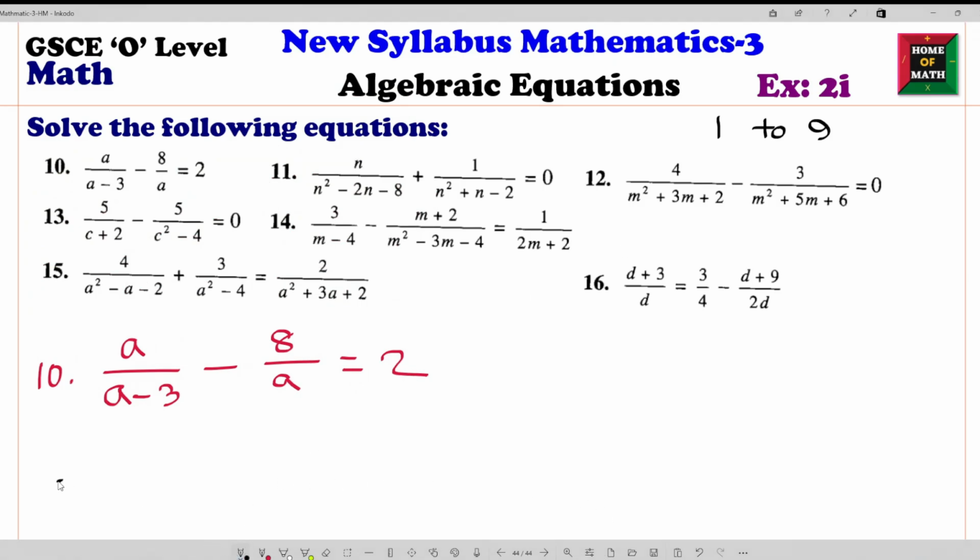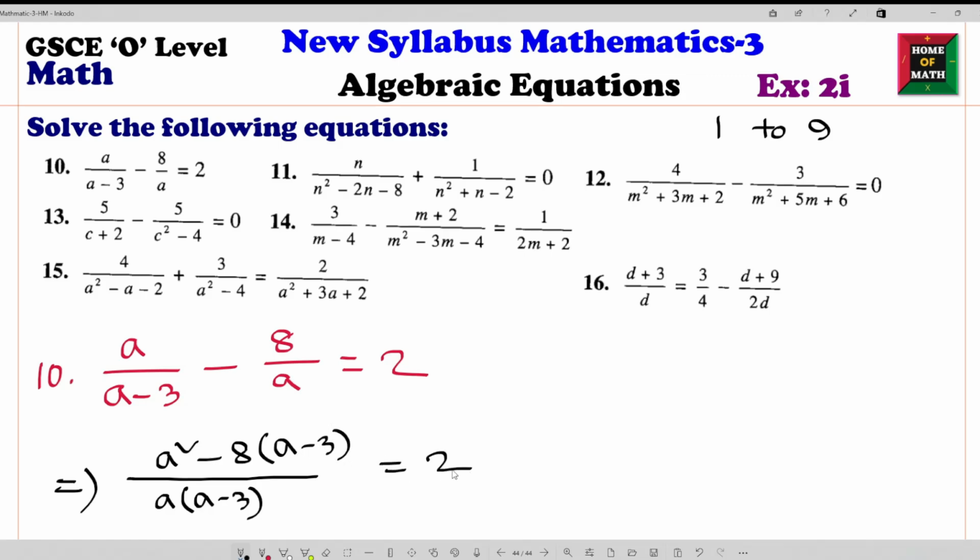Number 10. Here is a divided by a minus 3, minus 8 divided by a, equals 2. We will find the result of a. First we can take the LCM, a minus 3. So here is a square, and here is minus 8 times a minus 3, equal to 2a.